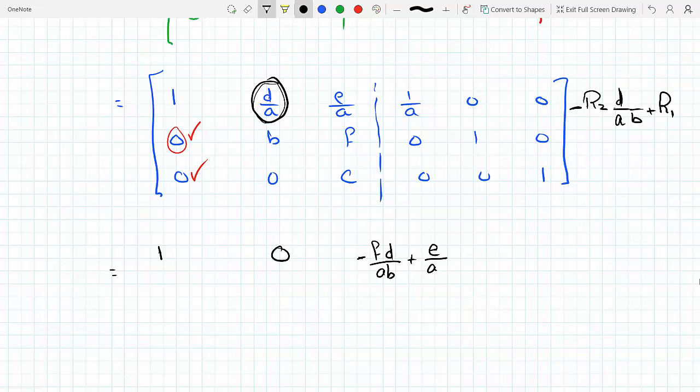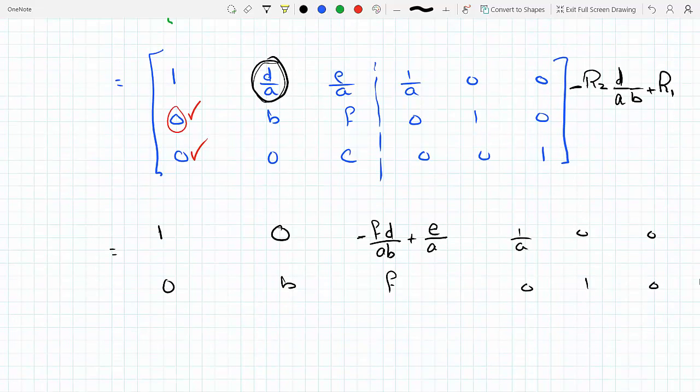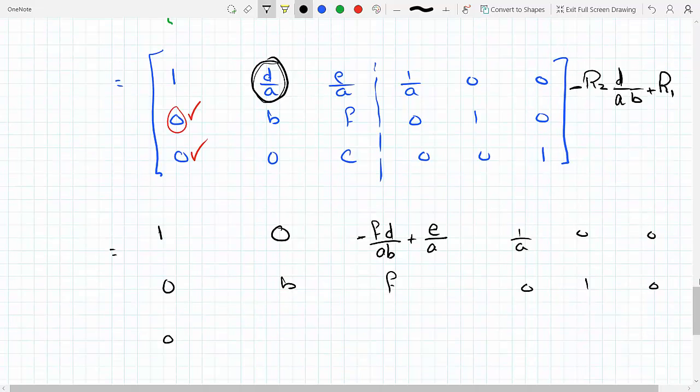Okay, 0, nothing changes here. 1 over A, 0, 0, and then everything else stays the same. So 0, B, F, 0, 1, 0, 0, 0, C.